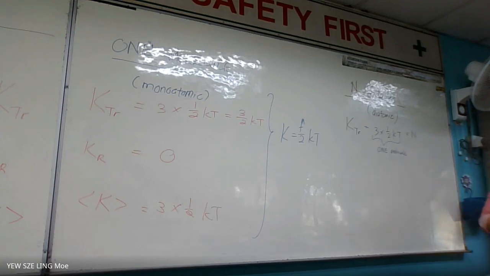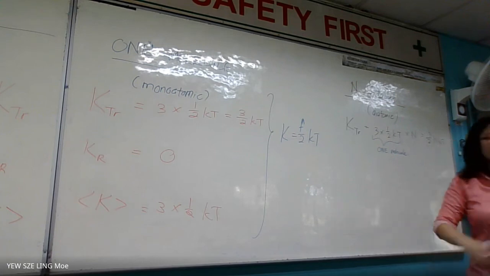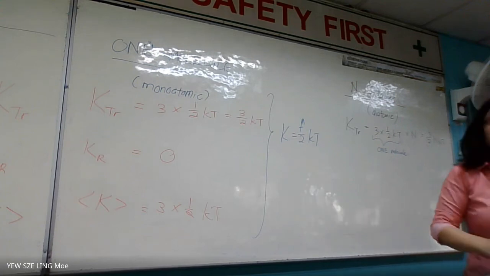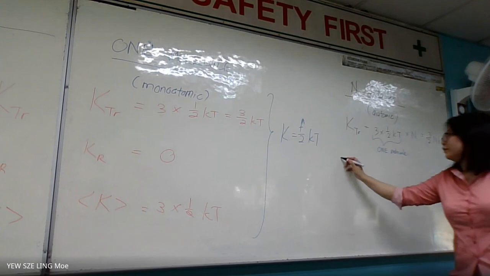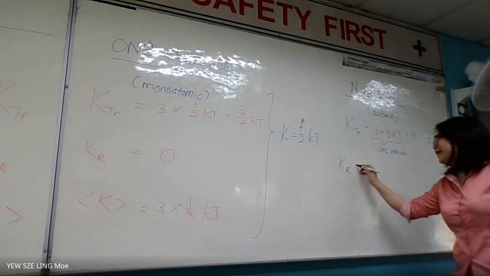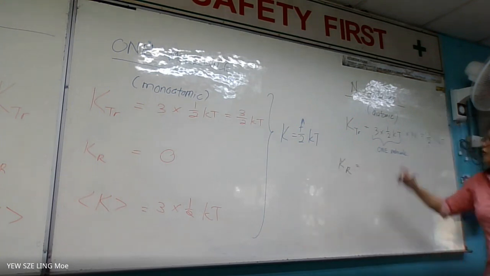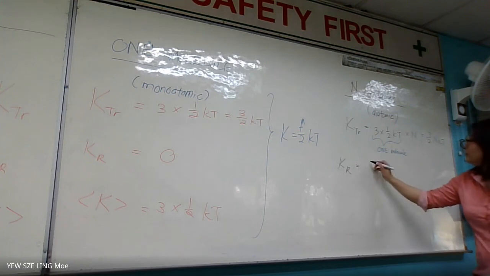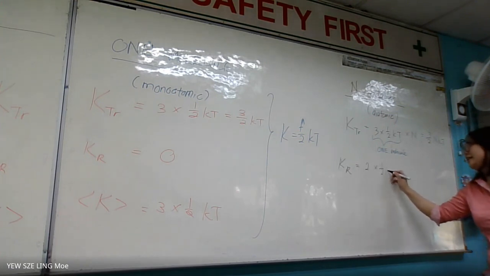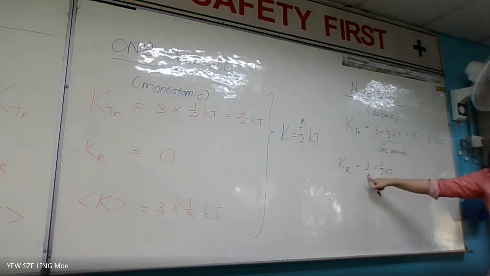So therefore, the total translational kinetic energy would be 3/2 nKT. Now, if you look at the rotational kinetic energy for one diatomic, it would be 2 times 1/2 kT, because it has 2 degrees of freedom in rotational motion.